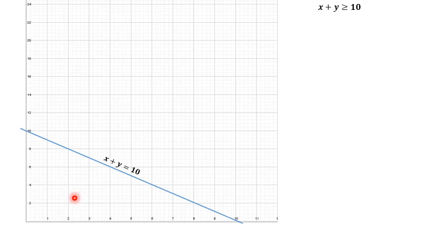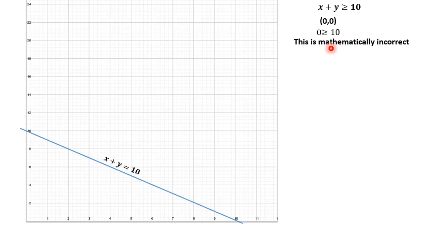So let's pick a point. I have found it easier to pick the point (0, 0), and we substitute this in the inequality. If x is 0 and y is also 0, then 0 plus 0 gives 0, and the statement we get is 0 is greater than or equal to 10. This is mathematically not sensible; it is incorrect.